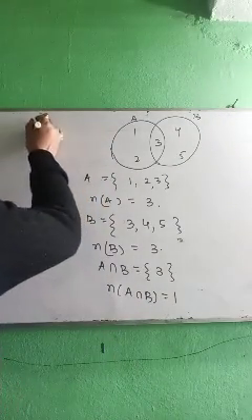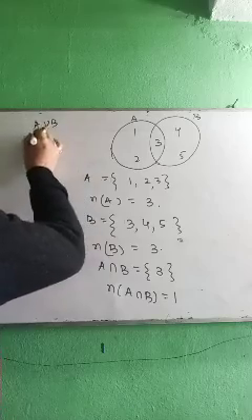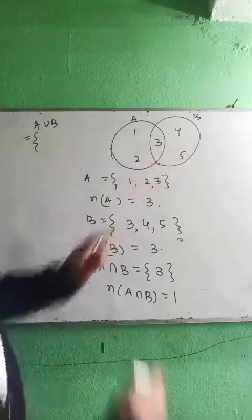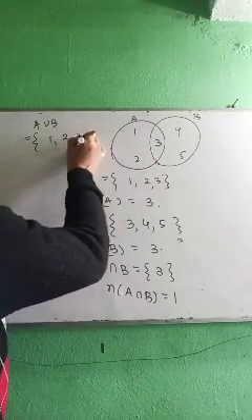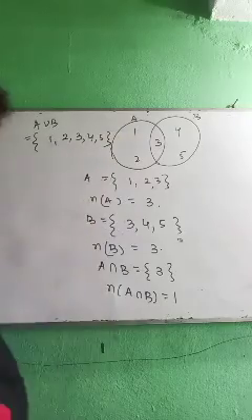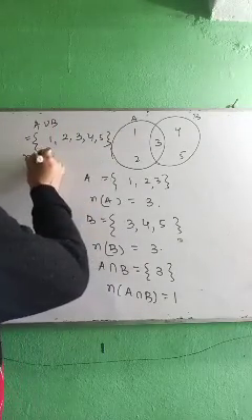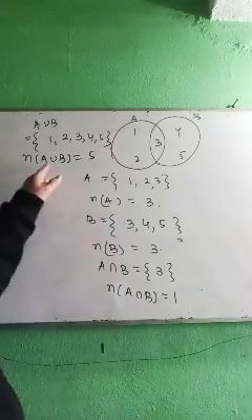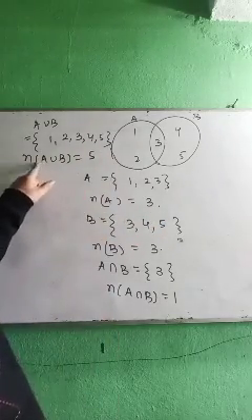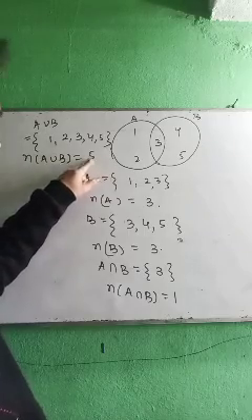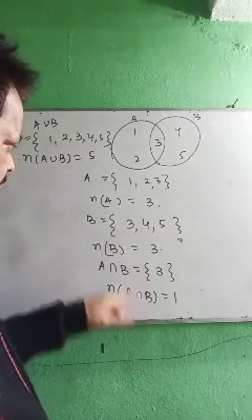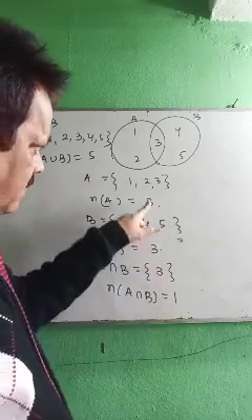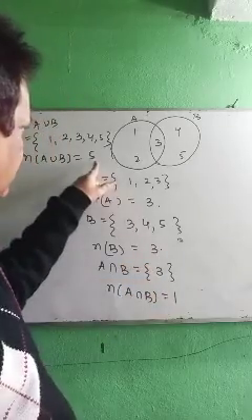Now, if I write A union B, what will you write? A union B is 1, 2, 3, 4, 5. What is n(A union B)? That is 5. Now observe here. n(A union B) is 5. n(A) is 3, n(B) is 3. 3 plus 3 minus 1, you are getting 5.